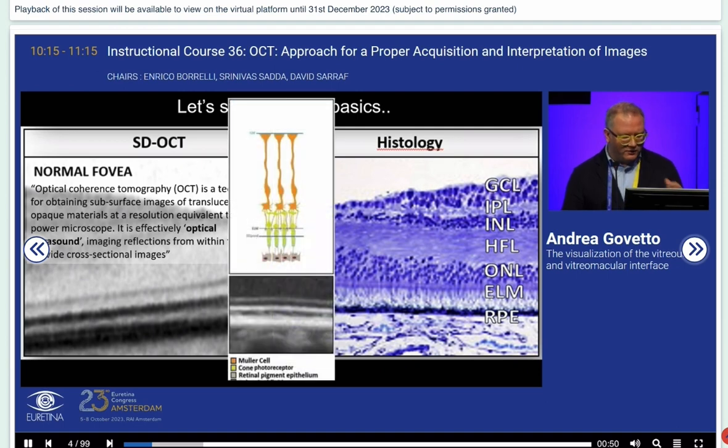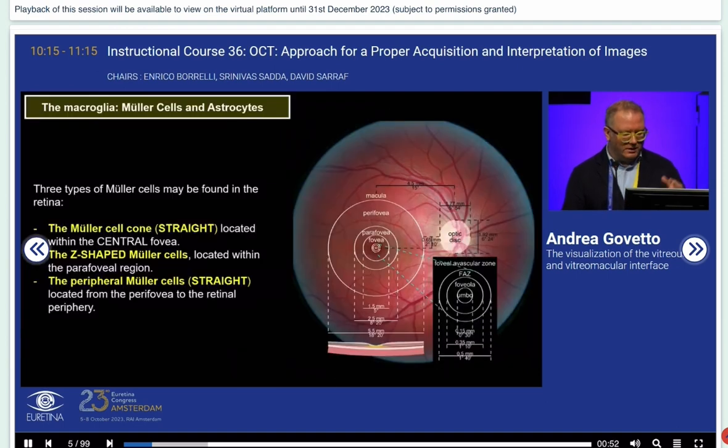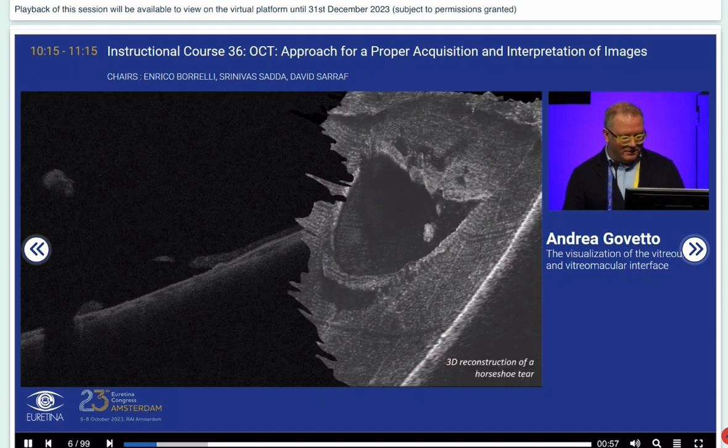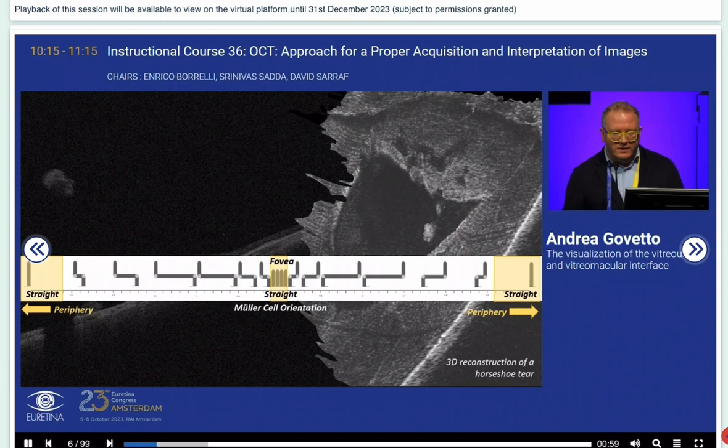So first thing, we need to know the anatomy. The important thing is that the Mueller cell is very different in the center of the retina than in the parafovea and the periphery. In the center of the fovea, the Mueller cells are straight. In the parafovea, they are Z-shaped. In the periphery, they are straight again.